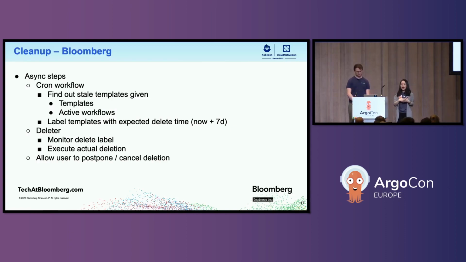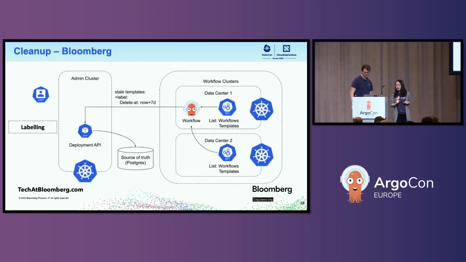And then we have the deleter that sits on the clusters. It monitors that label and executes the real delete operation. Of course, during this process, we try to allow users to have the option to cancel or postpone the deletion. Now, next we'll look into a little more detail.